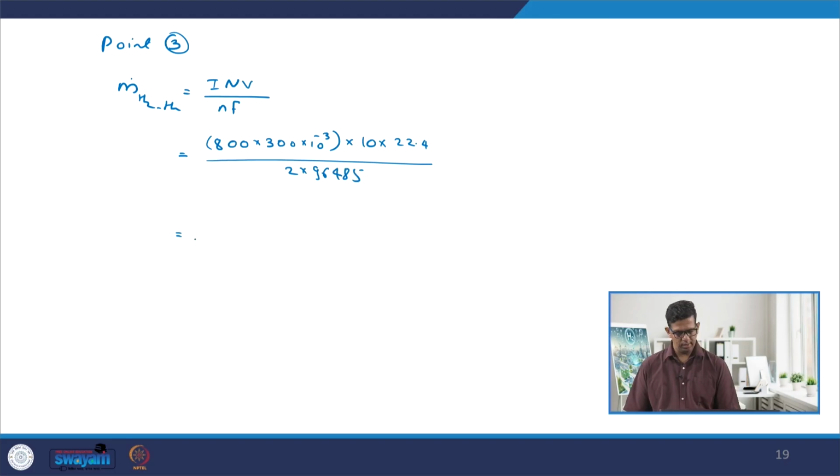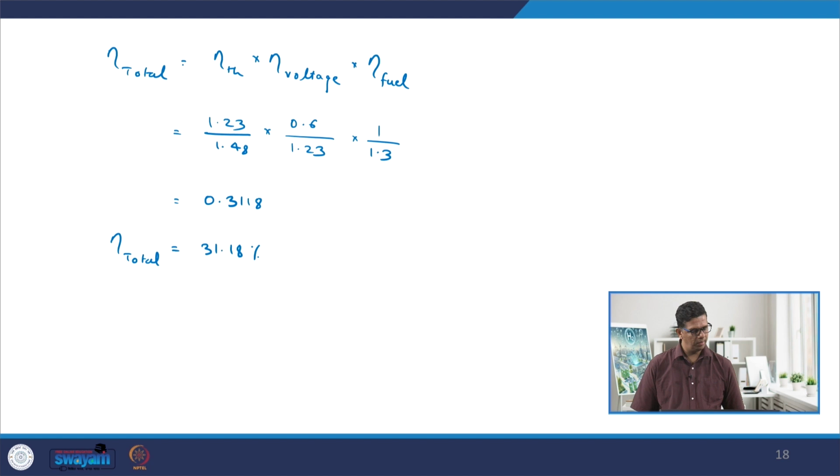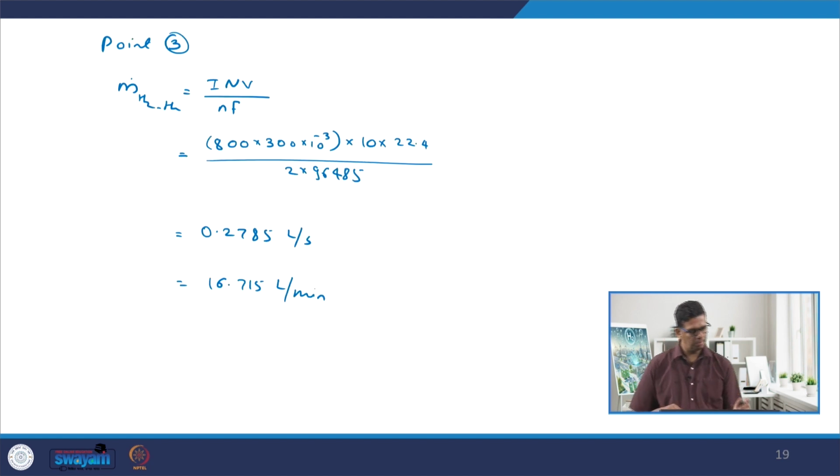So, that gives close to 0.2785 liters per second. So, this comes close to 16.715 liters per minute. So, that way we can also find out the efficiency for the third point.